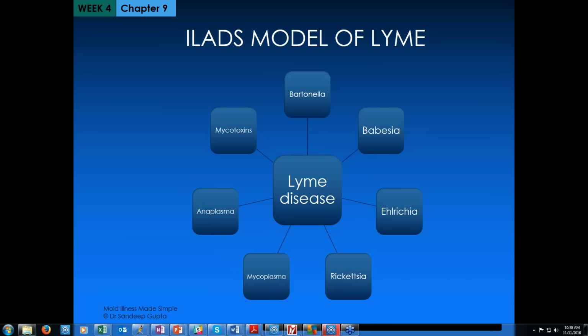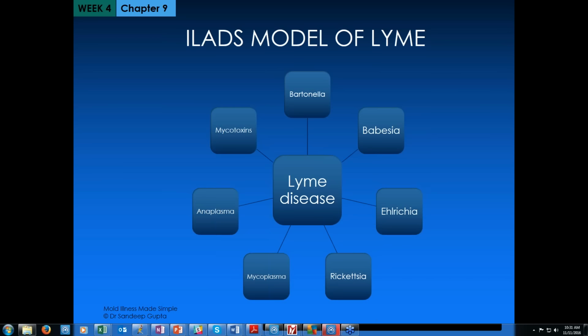Some of the other co-infections are much more difficult to identify. Babesia can be very difficult to identify. There's antigen testing, there's antibody testing, the same with Ehrlichia, with Mycoplasma. Bartonella, there is a lab here in North Carolina called Galaxy Labs that does some really nice Bartonella testing.